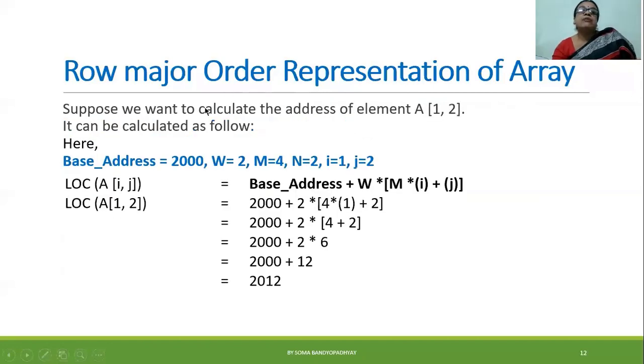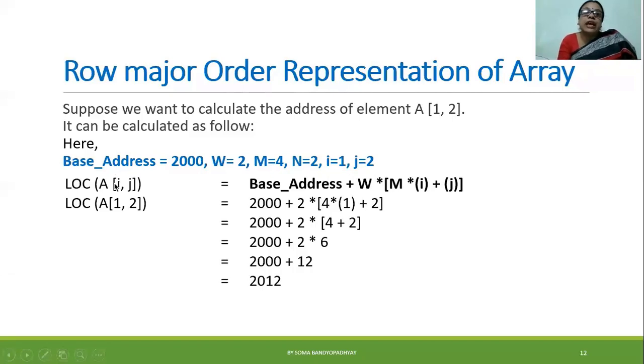Now suppose we want to calculate the address of element A12. So it can be calculated as follows. If we consider the base address 2000, W equal to 2, M equal to 4, N equal to 2, I equal to 1 and J equal to 2.